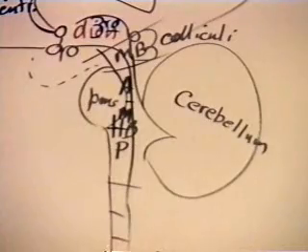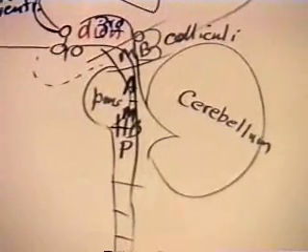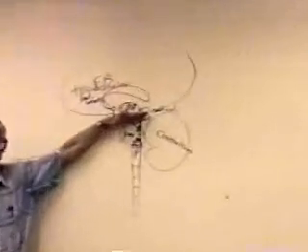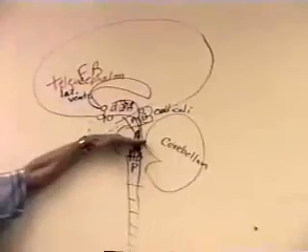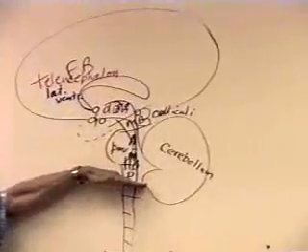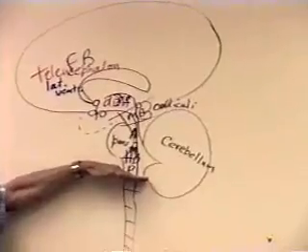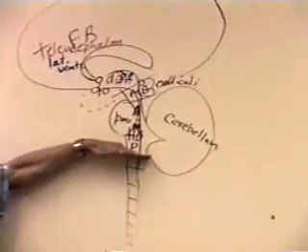And so if you go by a terminology that pays attention to cross-sections, you'll find this called midbrain, this called pons, and this called medulla. Medulla oblongata, but we don't use medulla spinalis.